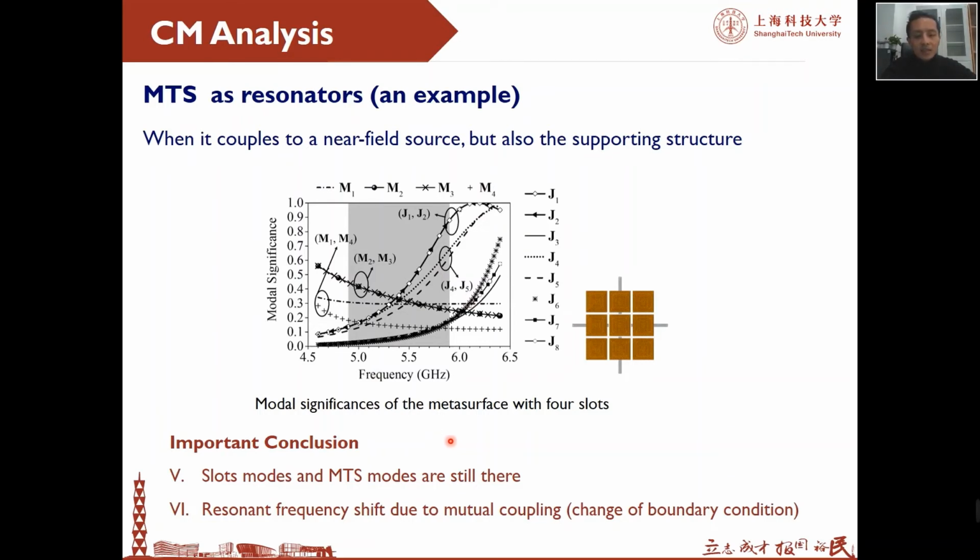And in this case, CMA provided a very insightful analysis tool to reveal all the insights, or say the modal behavior of what happens there. It is just like a microscope that allows us to take a much closer look into the resonator itself when the two resonators are coupled to each other.